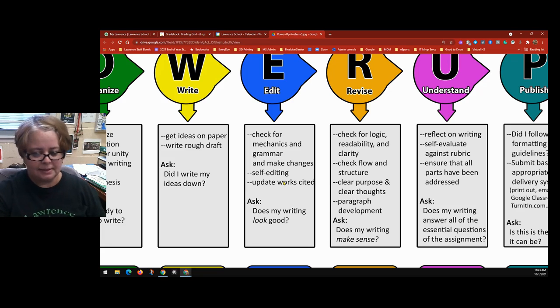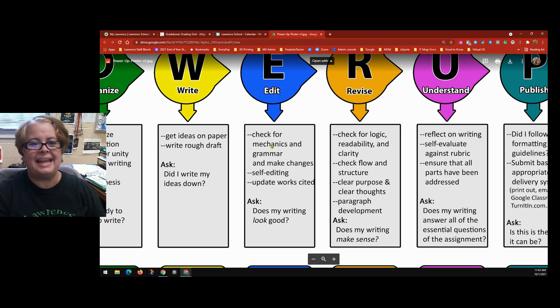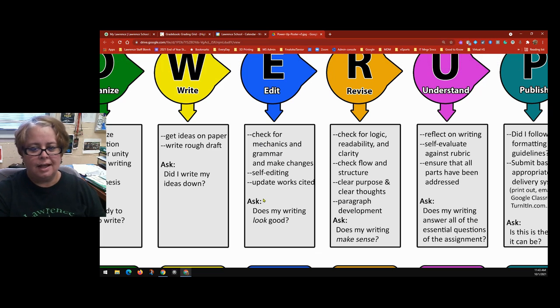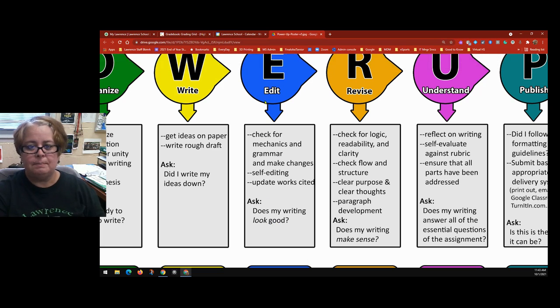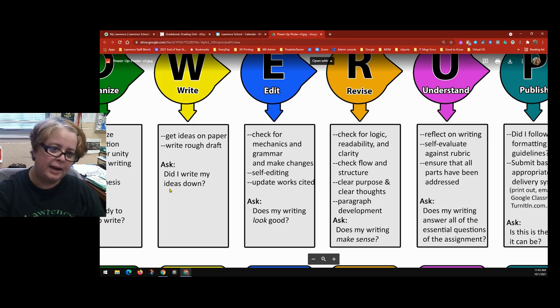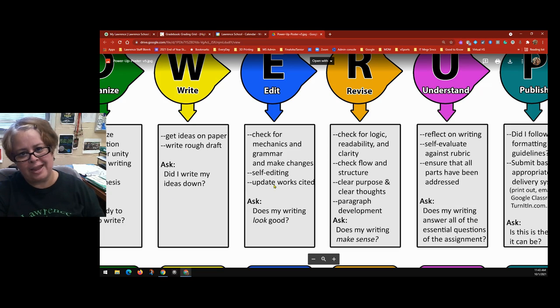Maybe you're going to move some sentences around, maybe add a few more things, and put in your citations. So this is where you're going to check for mechanical issues and ask yourself, does my writing look good? So turn on your grammar checkers, run Grammarly, run Checkit to see if there are any mechanical issues. Okay, this is an important stage, but notice you don't do this while you're writing because that will slow you down.